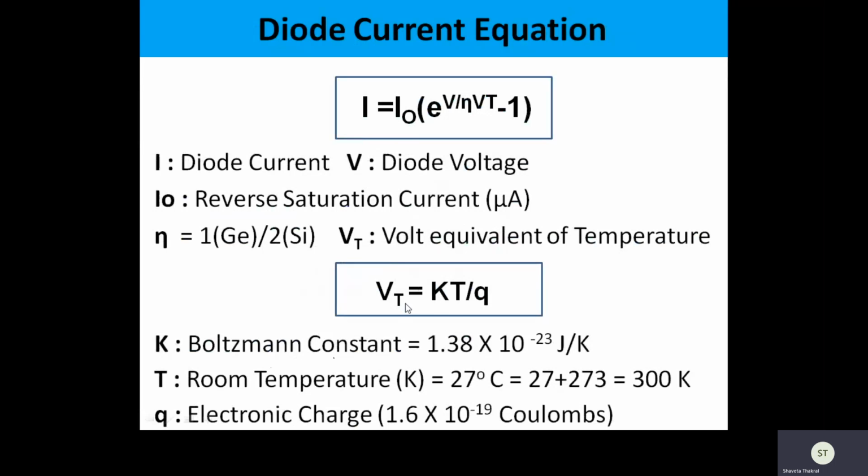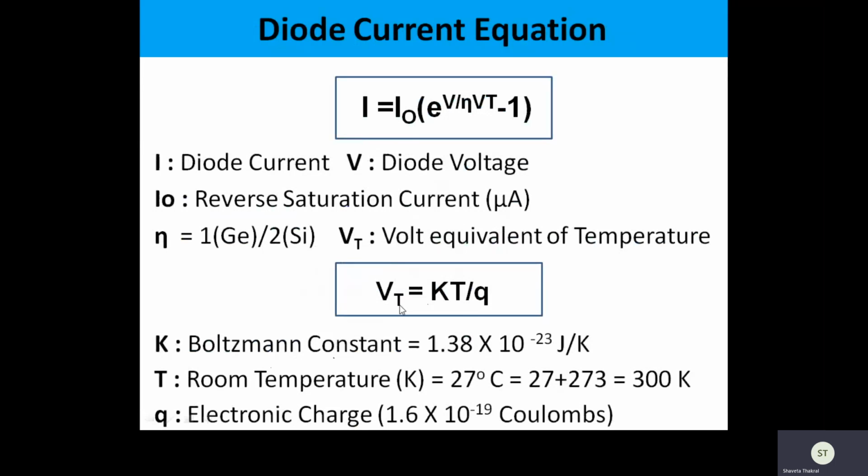So when we put in all the values, Vt is equal to the Boltzmann constant, whose units are joule per Kelvin, times temperature in Kelvin, so joule per Kelvin into Kelvin leads to the unit joules in the numerator, and in the denominator we have the electronic charge, that is in coulombs. So joule per coulomb, when we calculate, is equivalent to voltage.